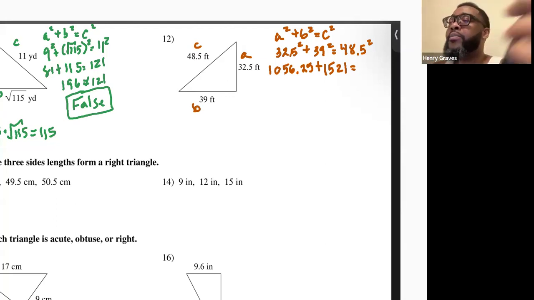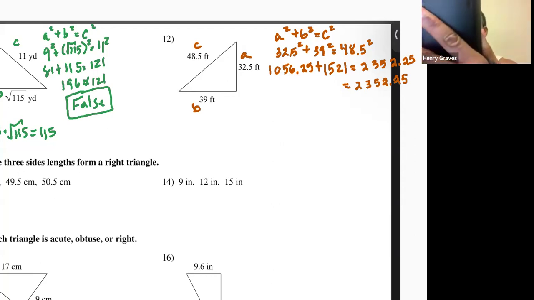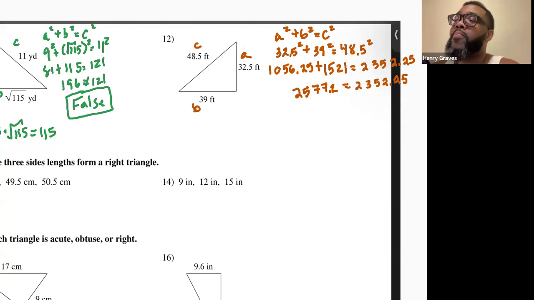Now, if I add up those numbers, it should equal 2,352.25. Let's see what I get. 1056.25 plus 1521 is indeed 2,577.25. That is not the same. So this is false. Cool.